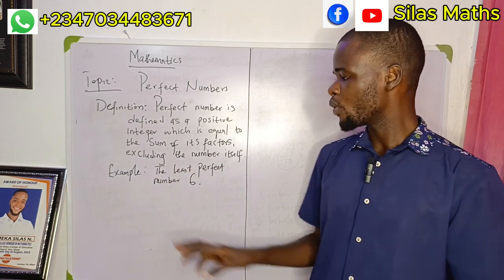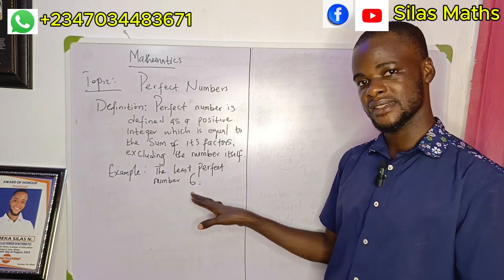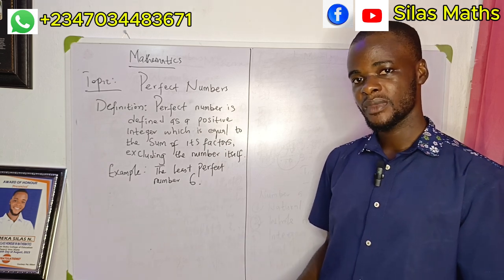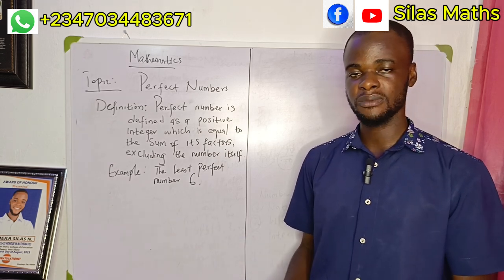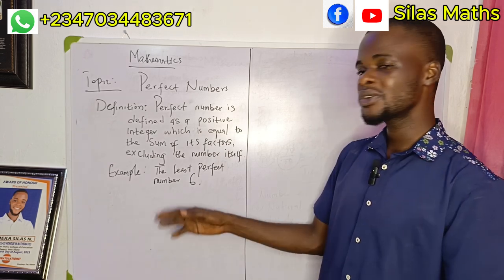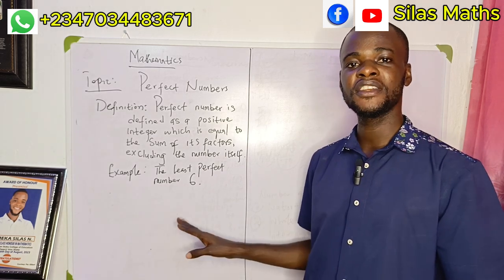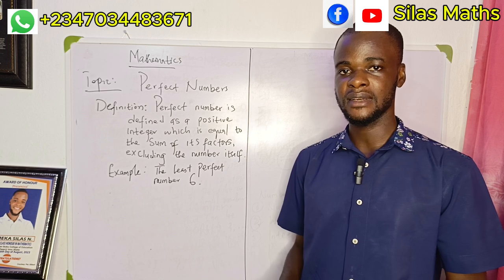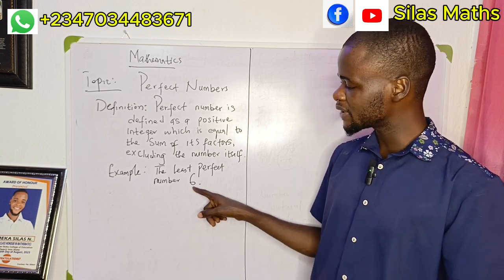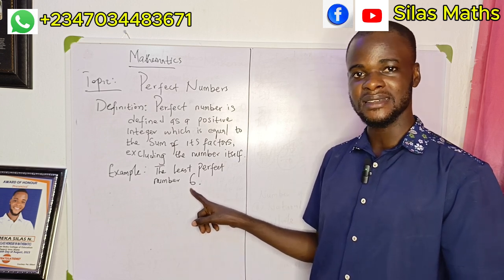So the question is, what are the factors of 6? We've not talked about factors, but let me give you a hint. Factors of a number are all possible numbers that can divide a number without a remainder. So what are the numbers that can divide 6 without a remainder?